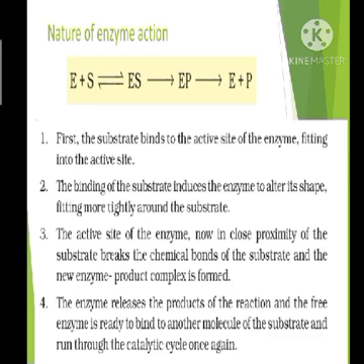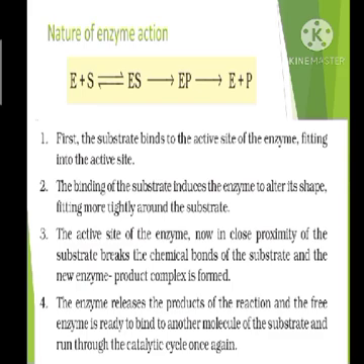Then third, the active site of the enzyme, which is in close contact with the substrate, breaks the chemical bonds of the substrate and helps in the formation of the enzyme product complex. The bonds will be broken and new bonds will be formed and an enzyme product complex is formed. Then the last step is the enzyme releases the product.